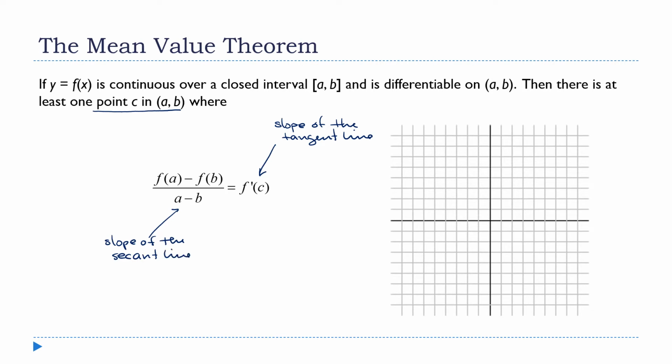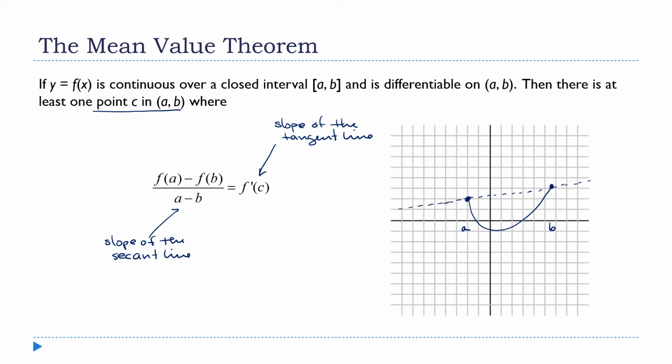All right, so let's take a look at this visually, because I think that'll help. Let's say I have my point A here, and I have my function here. So this is A, and this is B. So the left-hand side, that is the slope of the secant line. That's the slope of this line here.